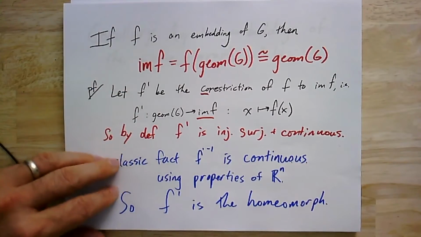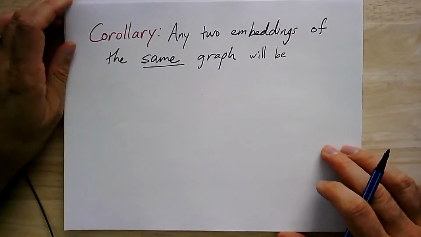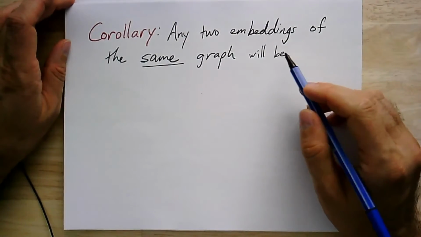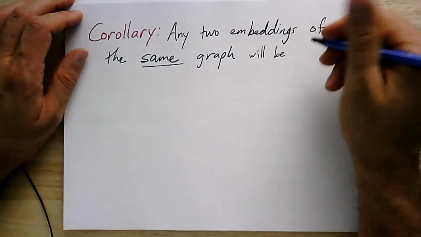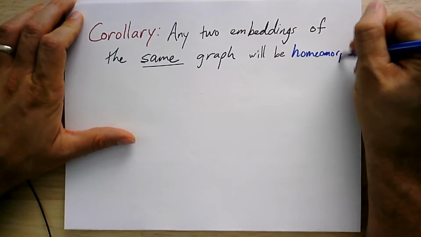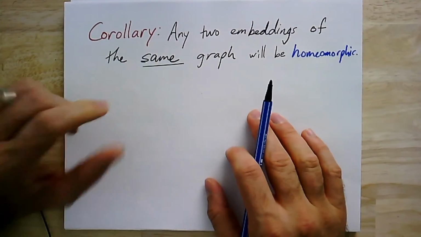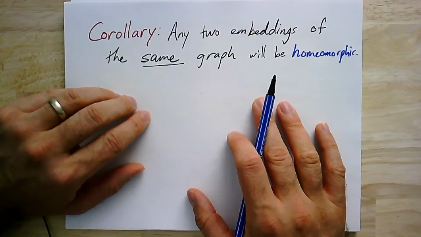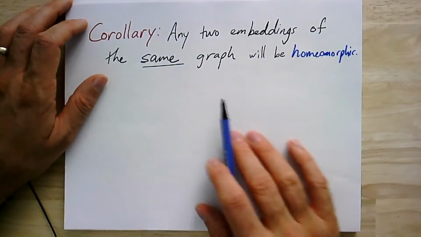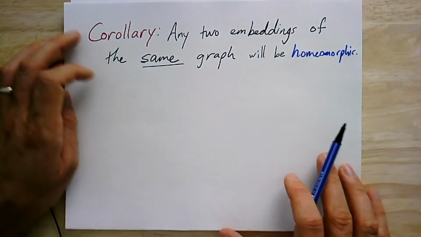Okay. So why do we do this? Well, the point is now we have an immediate corollary, which is that any two embeddings of the same graph will be homeomorphic. Because we just showed that any embedding will have an image that is homeomorphic to the geometric realization. So if I look at the images of any two embeddings of the same graph, they're also going to be topologically equivalent.